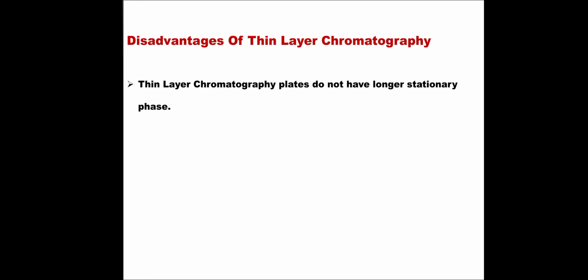There are some disadvantages of thin layer chromatography. The TLC plates do not have a long-lasting stationary phase, as we are using a glass plate and adsorbing silica gel on it. After some time there will be a loss of that silica gel from the glass plate, so you no longer have the stationary phase on the plate.